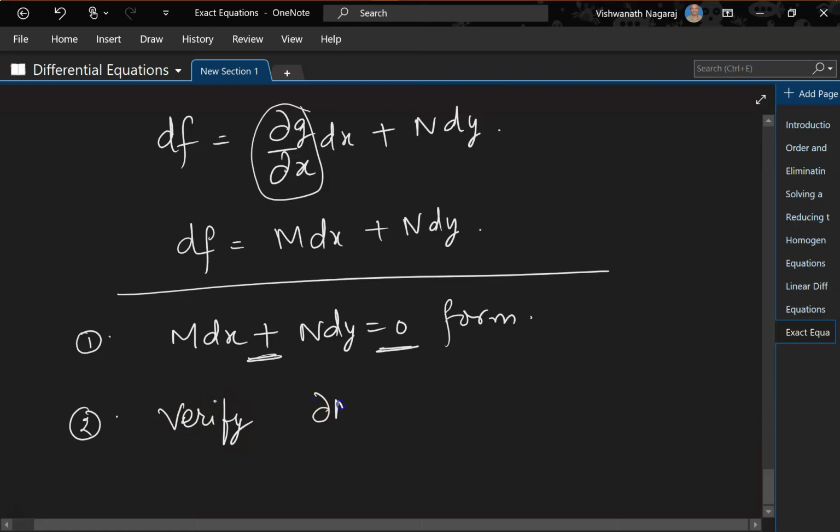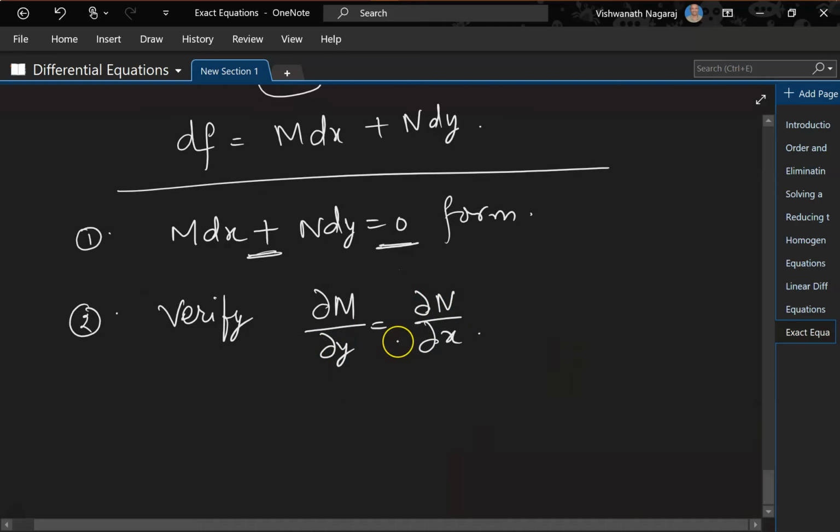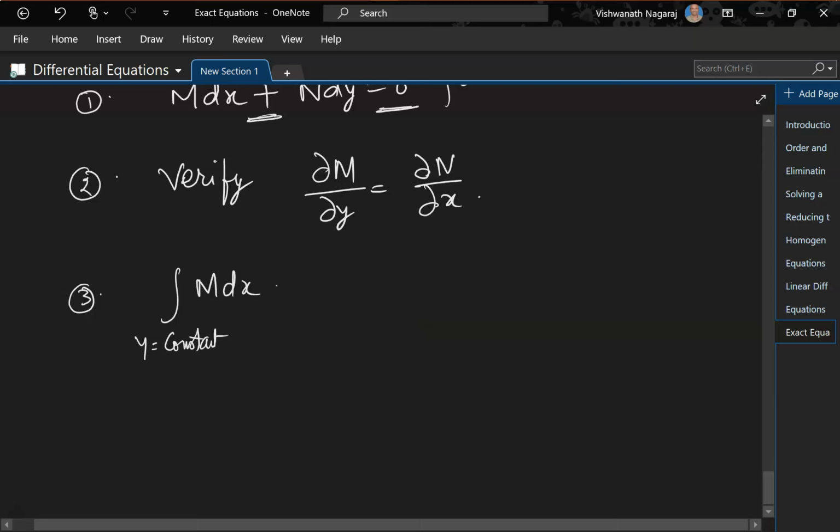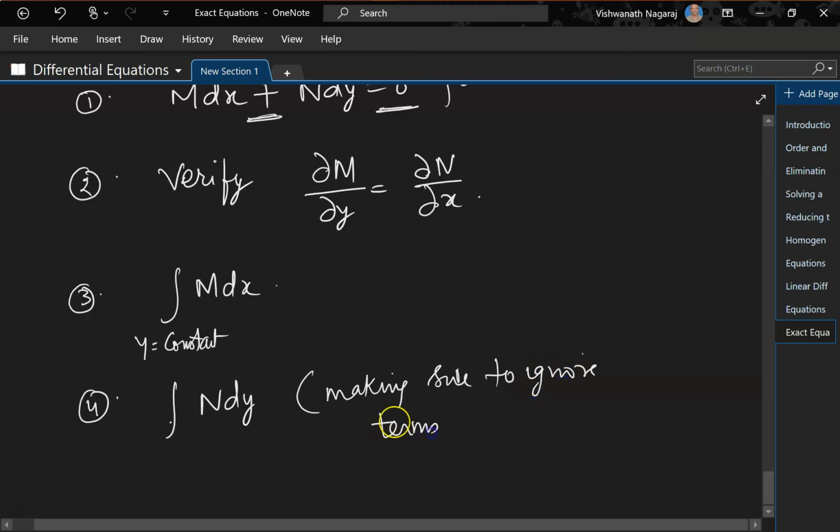So for that we have to check ∂M/∂y is equal to ∂N/∂x. If they are equal, then we can go to the next step. We integrate M dx, y equal to constant. So when we integrate this, we get a function. In our proofs and all that, we took it as g(x, y). Okay, and now integrate N dy, making sure to ignore terms containing x.